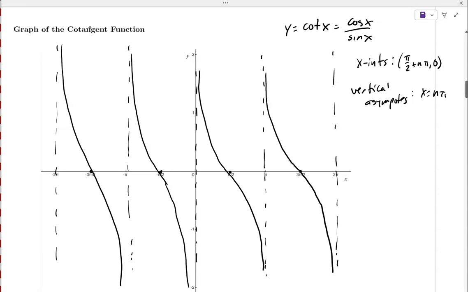Your vertical asymptotes are the multiples of pi, because again, those correspond to the x-intercepts for cosine and the x-intercepts for sine. And then finally, for period, how long is it going to take for cotangent to repeat? Pi again. Yep.